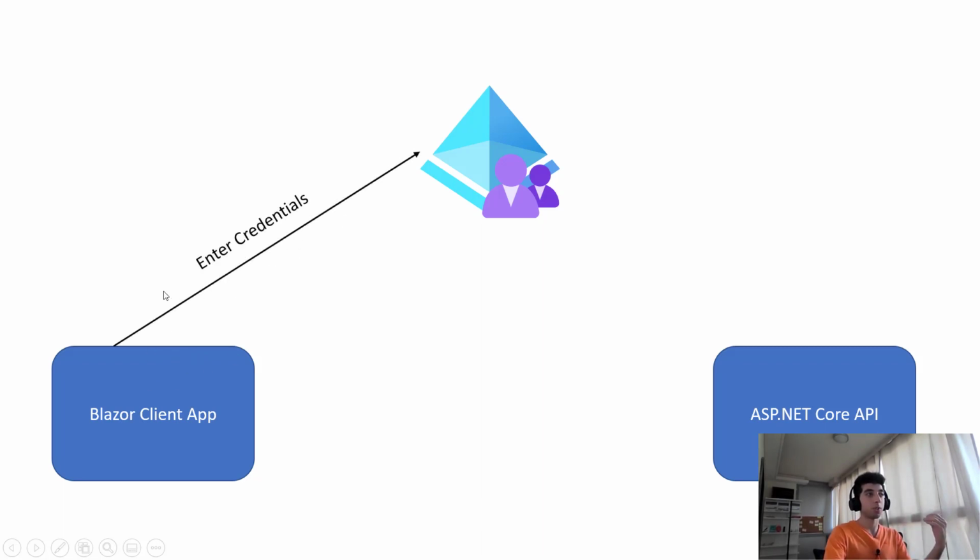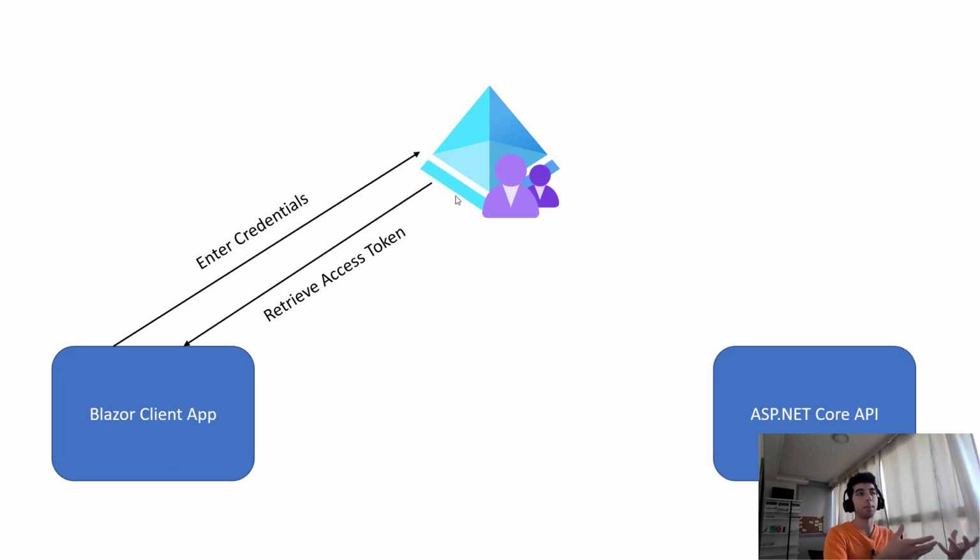So the first process will start by accessing the B2C endpoint through the client registered application, and this will allow the client to enter the credentials, and then if everything is fine, if this user is already there and the username is right, the email is right, then B2C will return the access token back to the client. And as you can see, all this process happens externally, outside of the ASP.NET Core API. This is great.